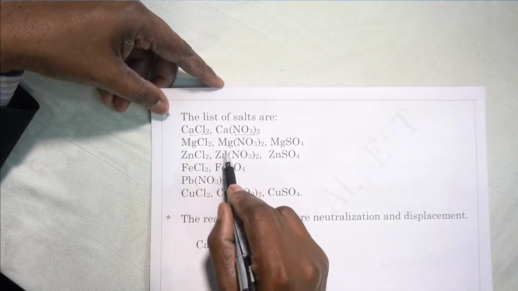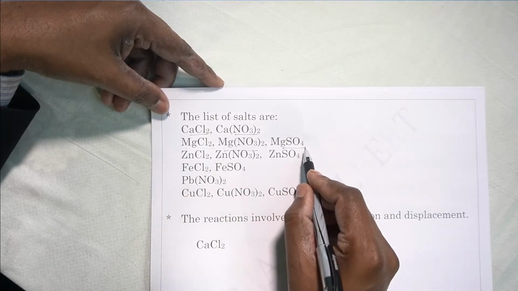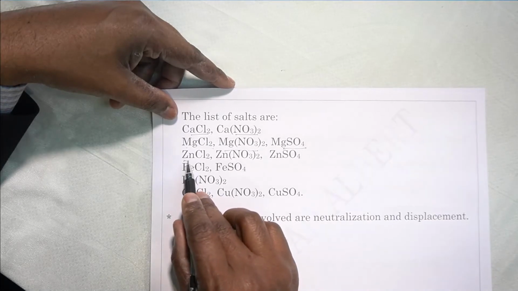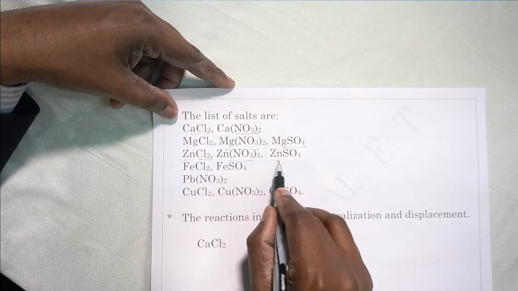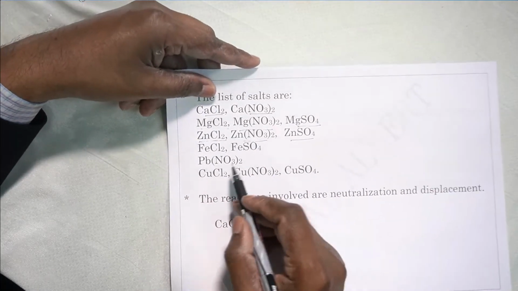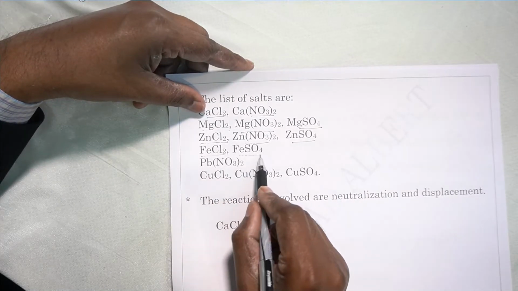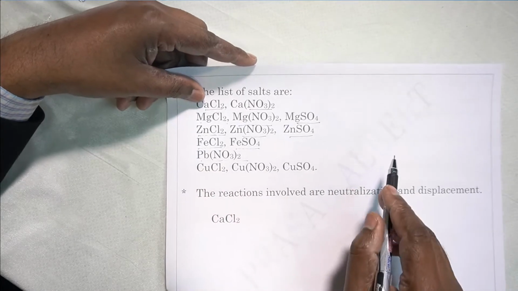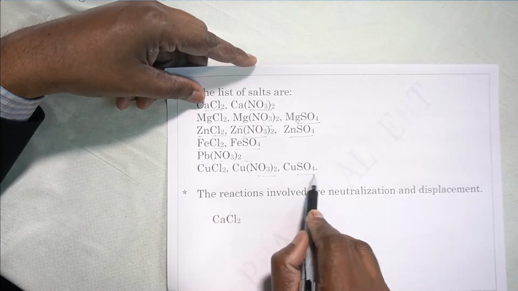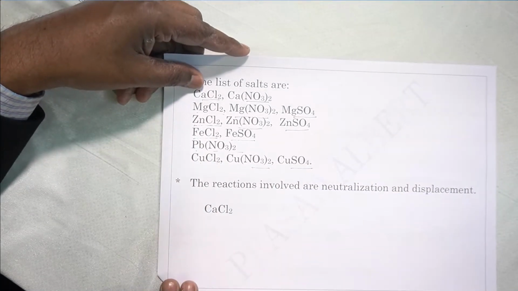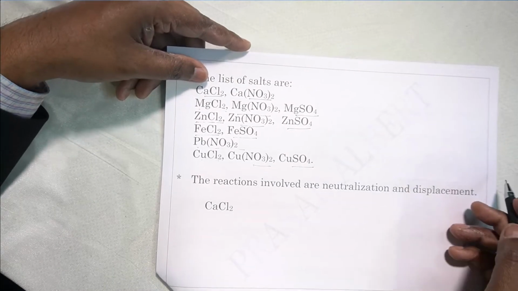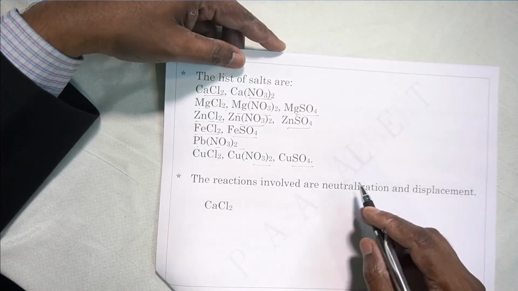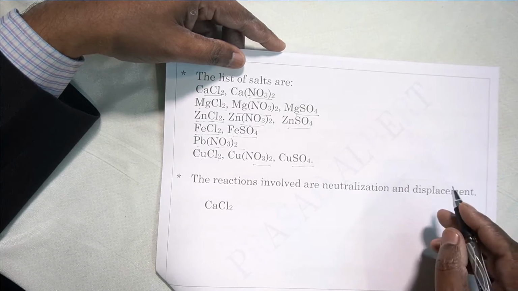Magnesium has 3 soluble salts, chloride, nitrate and sulfate. Zinc also has 3, the chloride, nitrate and sulfate. For iron we have ferrous chloride and ferrous sulfate. For lead, the only soluble salt is lead nitrate. Copper has the chloride, nitrate and sulfate. The reactions involved are neutralization in some cases, and displacement in others.